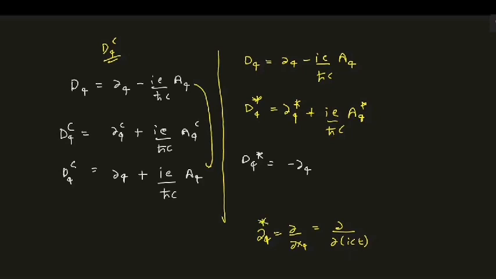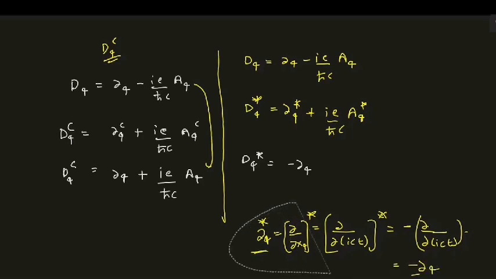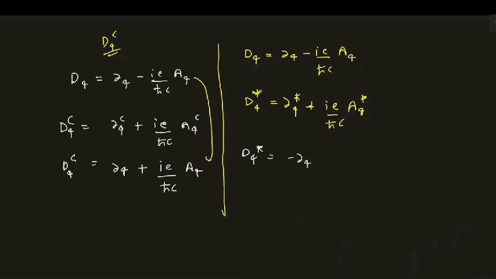When you complex conjugate ∂4 star, what do you have? You have minus of ∂/∂(ict). Okay, why? Because the i goes to minus i. So the bracket quantity is nothing but your ∂4, so you get minus of ∂4. You get ∂4 star is equal to minus of ∂4. Okay, so that's why I did here minus ∂4.